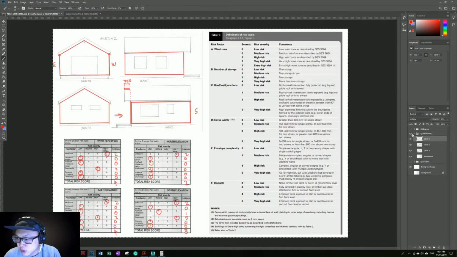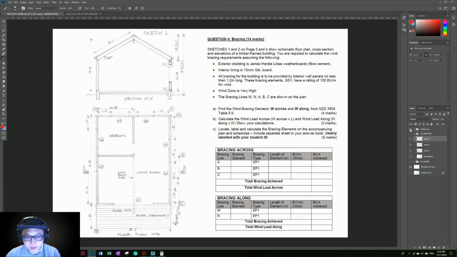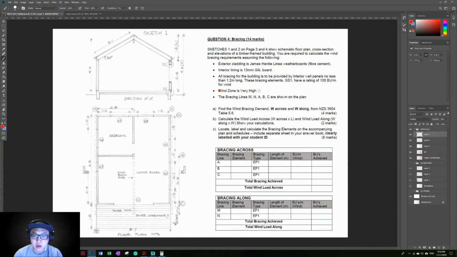Now we're going to jump to the bracing. Yep. So the bracing, we have to remember that we're in a very high wind zone. There's 5 bracing lines. So we get M here.